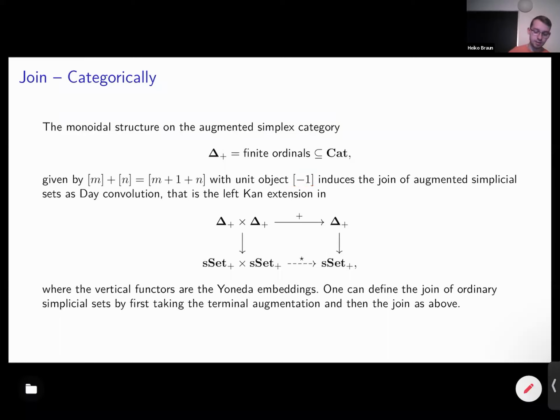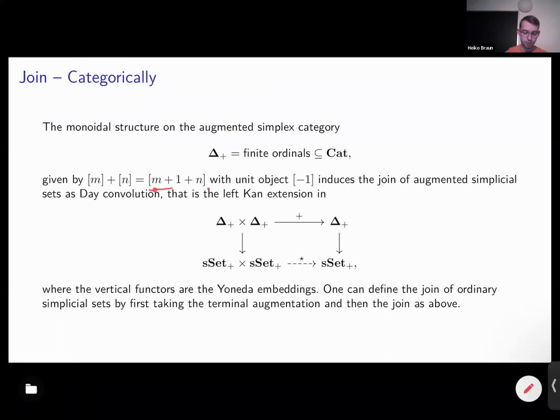And because we included the empty ordinal, -1 here, we can define this monoidal structure, which we just denote by plus, and it adds on this M and N, which are the poset which contains all the vertices from 0 to M. So it contains M plus 1 elements, and it maps it to this guy.